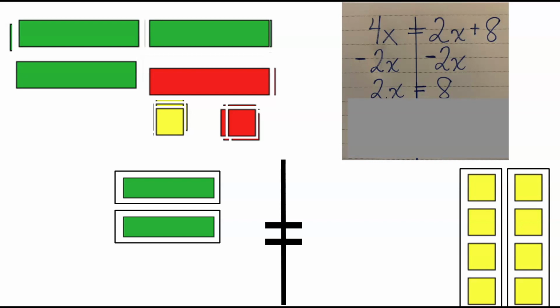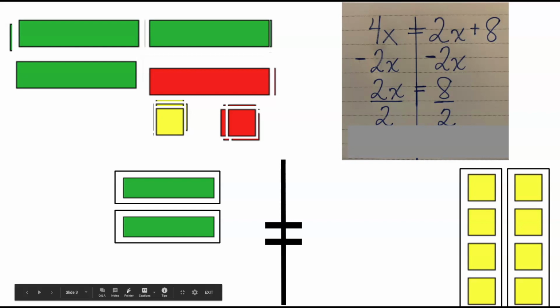I would just split them into 2 groups on the left-hand side, and on the right-hand side I'm going to split what is remaining into 2 equal groups. So algebraically I show that with a fraction bar and 2. And now I can match these up, so 1x would be equal to a positive 4.